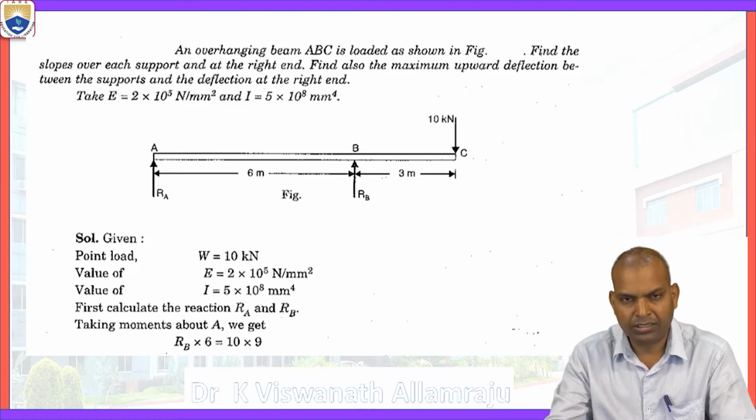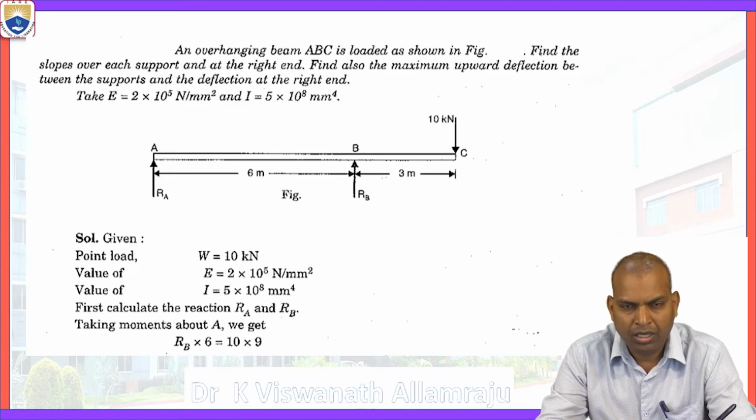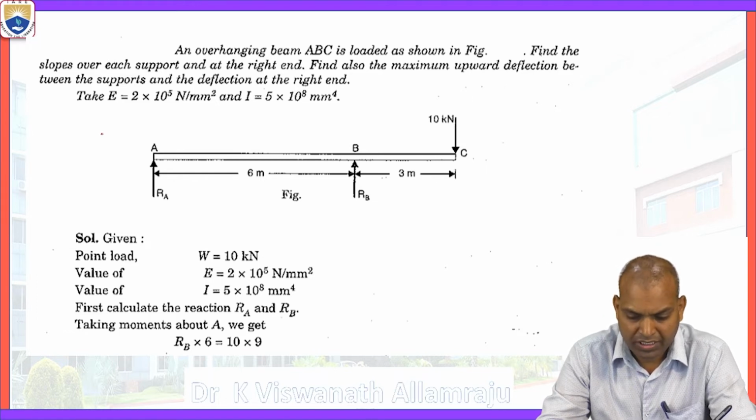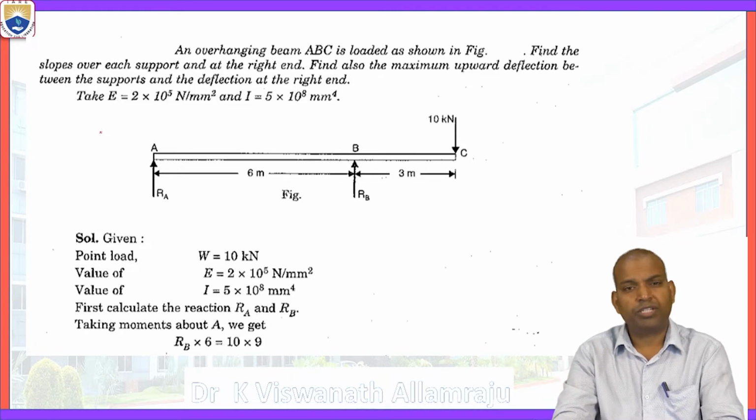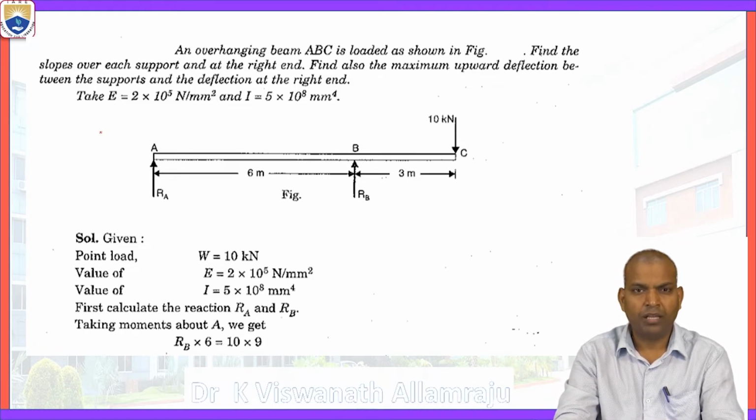Here, we have to find the reactions at the supports, and take a section at a distance x from the left support, such that the bending moment equation considers the entire span of the beam.